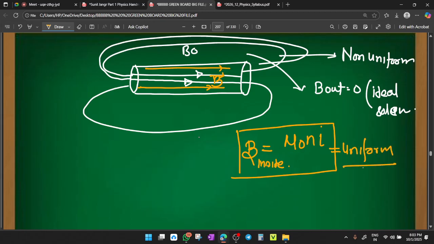Uniform means the intensity is the same everywhere. The intensity of the magnetic field at each and every point will be the same. So this is the formula for B inside, mu naught n i.